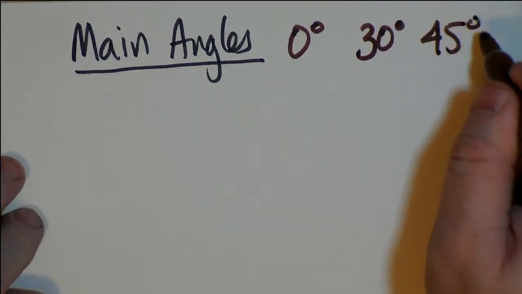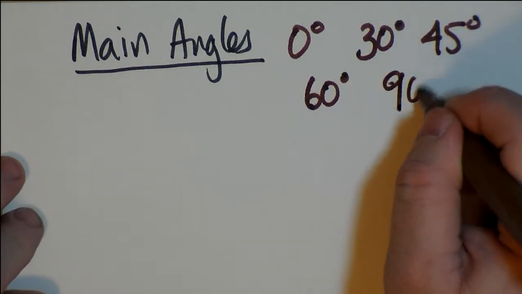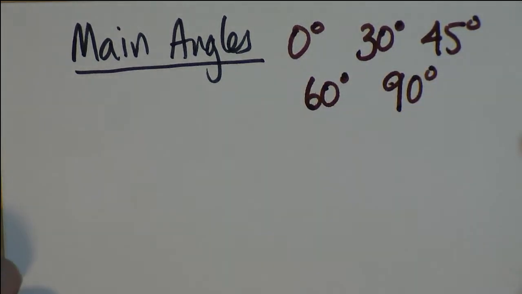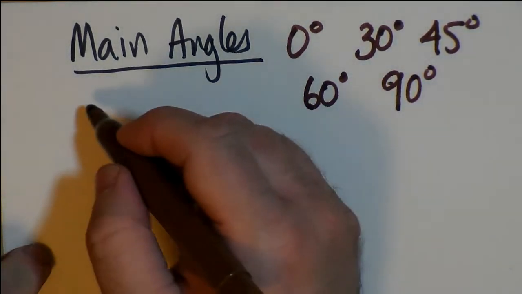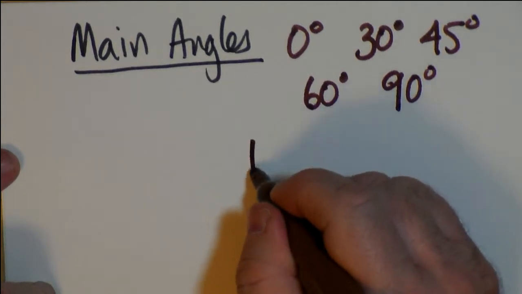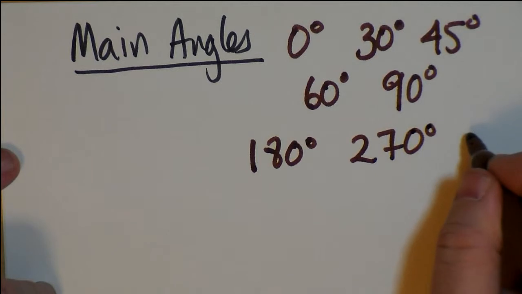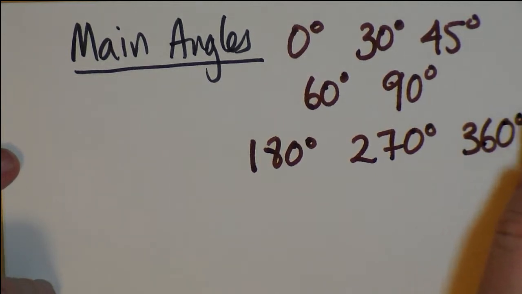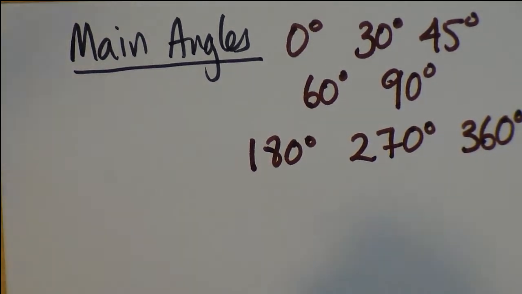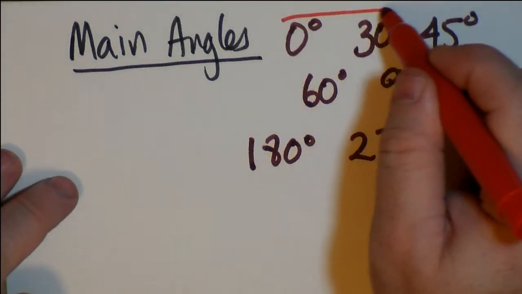The main angles, the angles that we're mostly concerned about when we're doing measures in radians based on primary angles, are the angles 0 degrees, 30 degrees, which is pi over 6, 45 degrees, pi over 4, 60 degrees, which is pi over 3, 90 degrees, which is pi over 2, and then 180, which is pi, 270, 3 pi over 2, and 360.